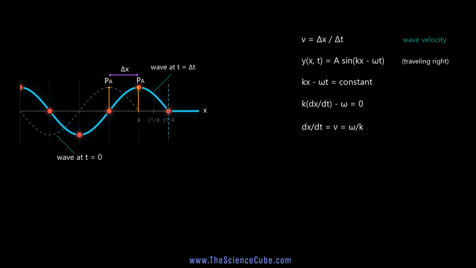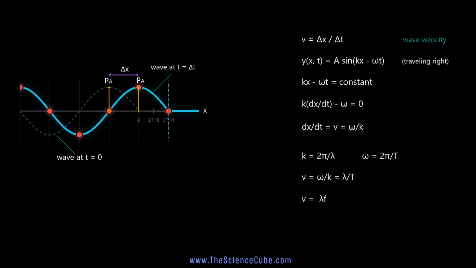Now, let's pull in what we know from our earlier work. We know that k is equal to 2 pi upon lambda and omega is equal to 2 pi upon T. Then we can rewrite the wave speed in a much more familiar way, that is, v is equal to omega upon k is equal to lambda upon T equals lambda f.